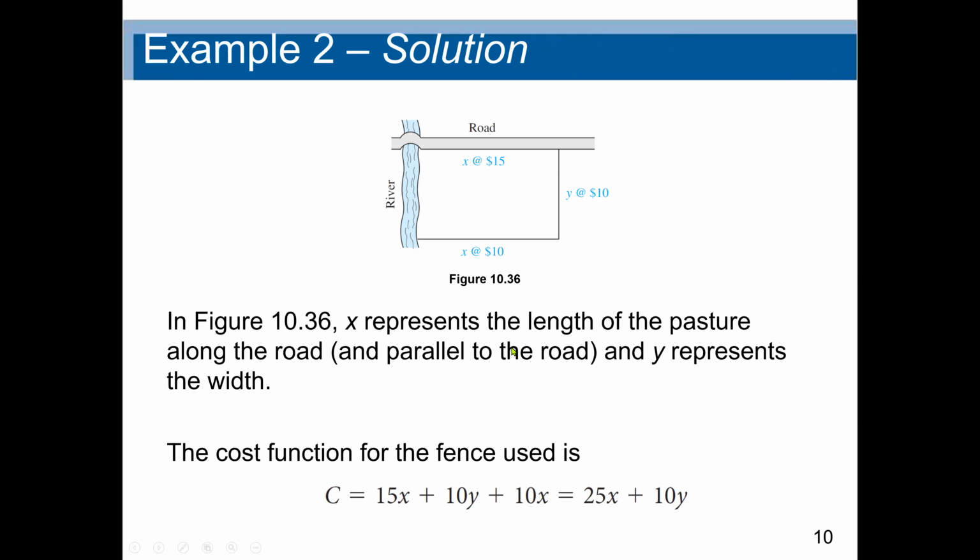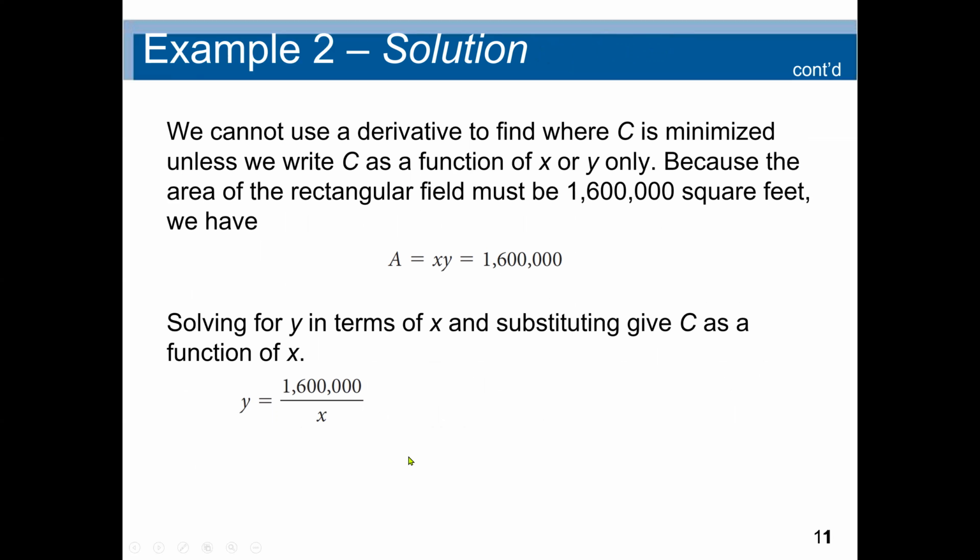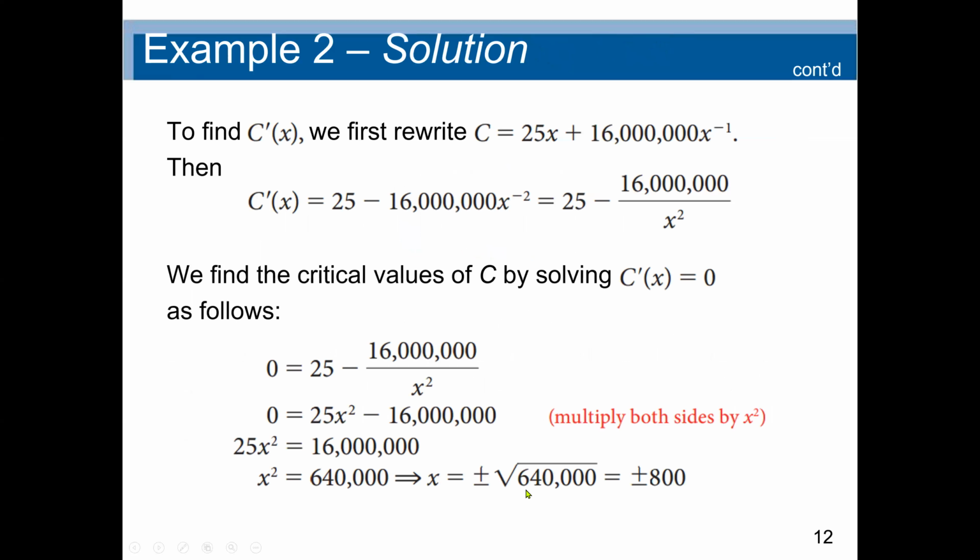So I find y, or you can also find x and substitute for y. But here we decided to find y, and when we get y, we substitute and get x. Now with this function, we find the first derivative, and this will give us our solution.